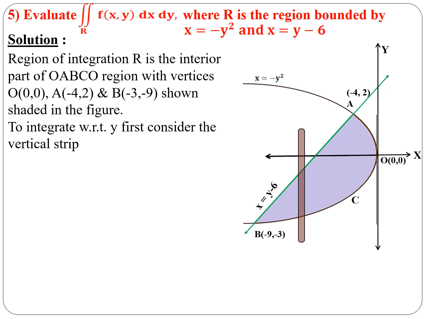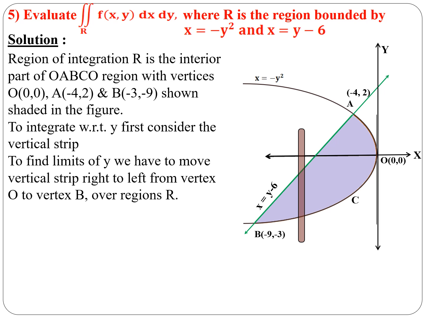Okay, so you can draw this vertical strip anywhere within the region. If we move this strip horizontally from point O to point B, from right to left, then you will observe that the entering of this strip depends on the curve OB, but the exit or leaving of this strip depends on two curves, OA and AB.